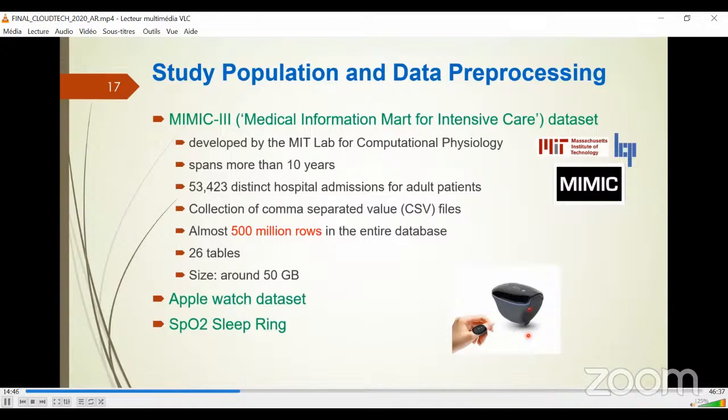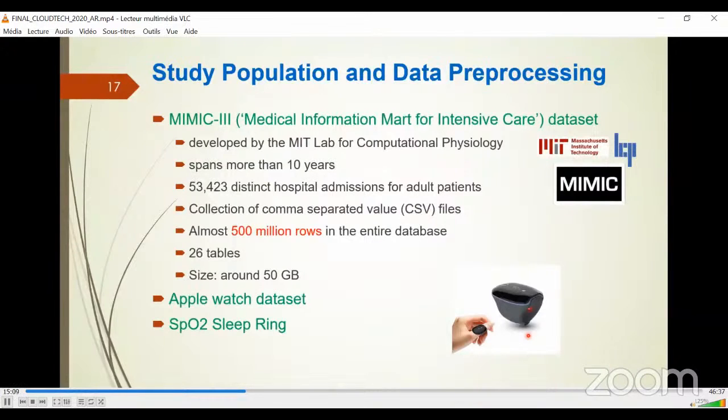This data set was developed by the MIT Lab for Computational Physiology, and it spans a period of more than 10 years of ICU stays. It has a total of about 60,000 hospital admissions for adult patients.